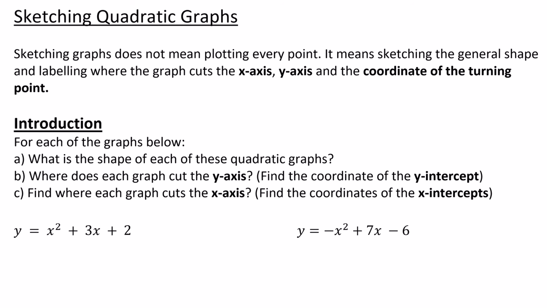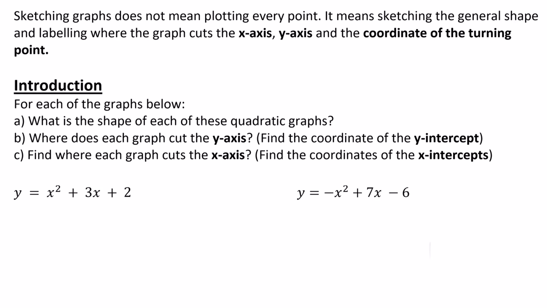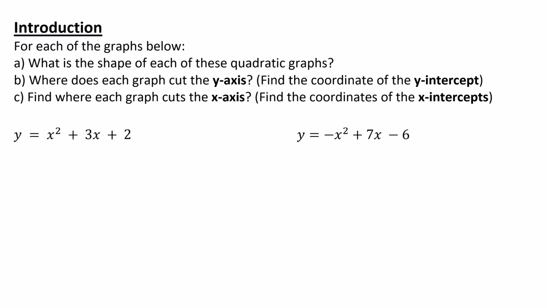So the first thing I want to look at with the two graphs here is the shape of the quadratic graph. What determines the shape is the coefficient of x squared. It's the number multiplied by x squared. Here the coefficient is 1x squared.